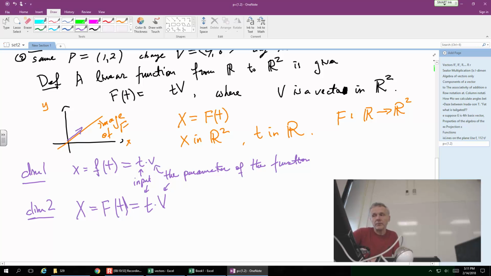But we can be more specific once we remember the meaning of v in dimension 1. What's the meaning of v in dimension 1? It's a number.